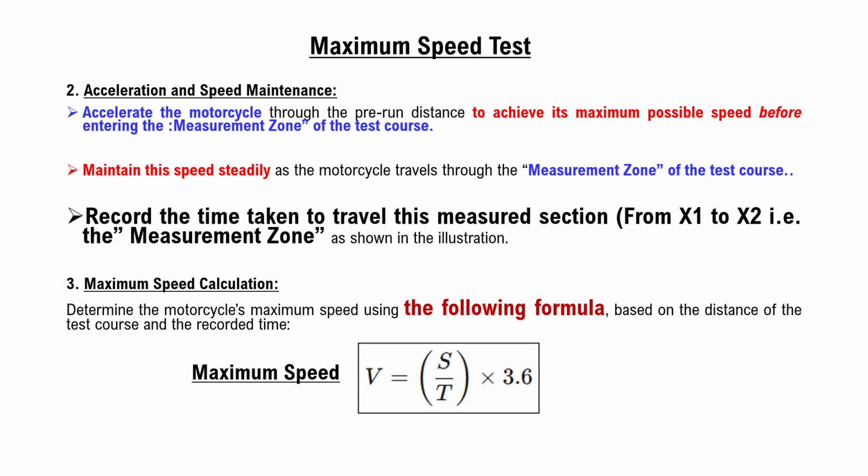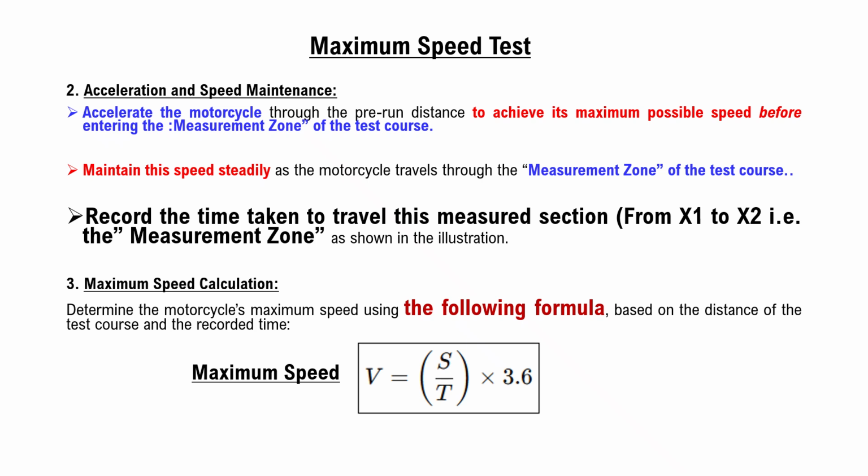He will maintain this speed steadily as he passes through the measurement zone of the test section. The time taken to pass through this measurement zone, that is from the point X1 to X2, as shown in the illustration, will be recorded.